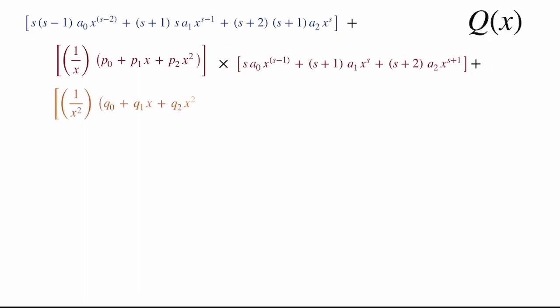We add q, which has a second order pole at x equal to 0 and is expanded in terms of power series, and then finally the form of the solution y of x, which we have assumed to be a power series, and that we set to 0. Here we have to collect the terms of x to the power n and then set them to 0 for each value of n, so that this equation is satisfied.